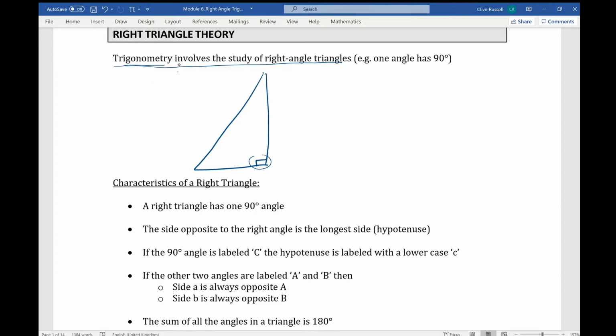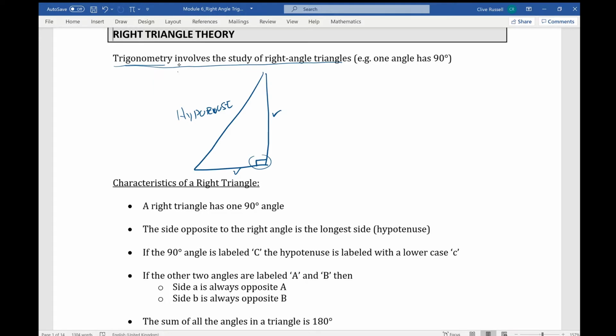The side opposite the right angle, opposite meaning, well, these two sides here contain the 90 degrees. So not these two sides that contain the angle. The other one is called the hypotenuse. So opposite always means the side that is not involved in containing the angle.